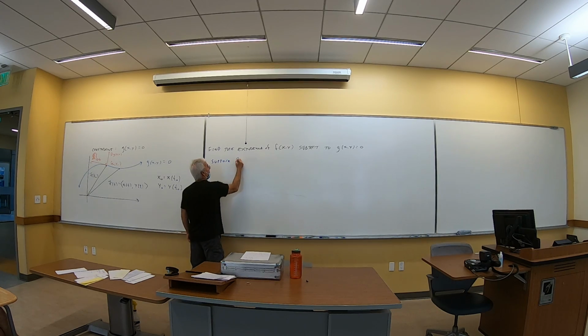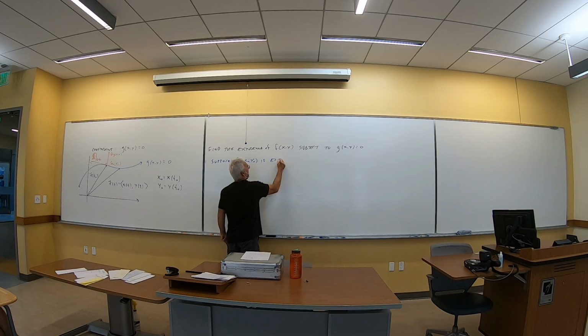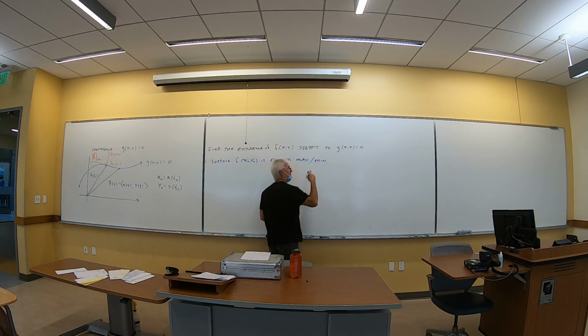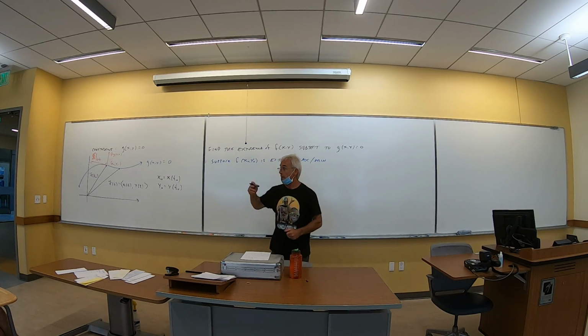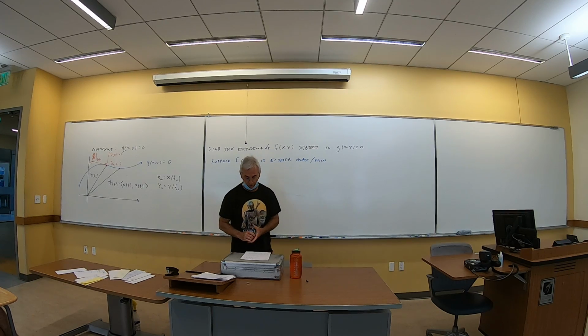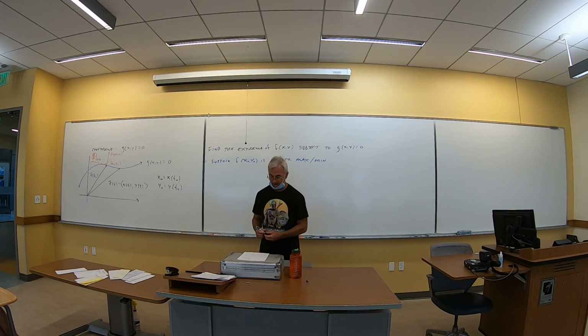In other words, suppose f of x naught, y naught is either a max or a min. We would actually do the calculation to determine it, but I want to show you the relationship so we know how to figure it out.